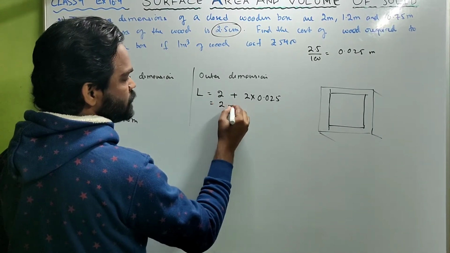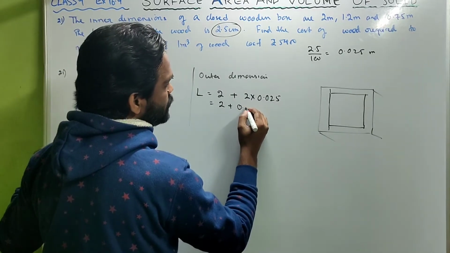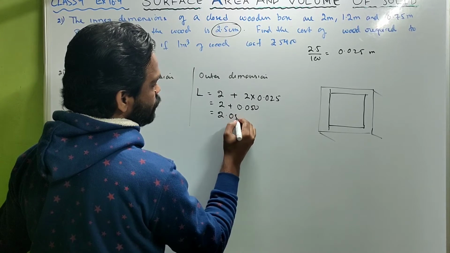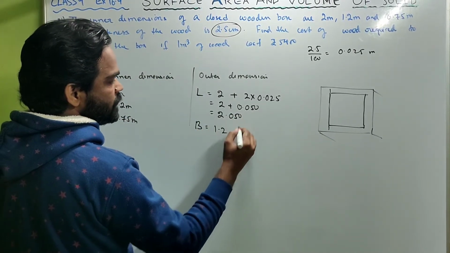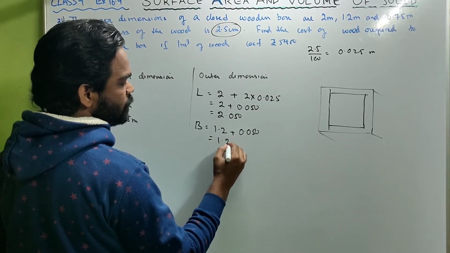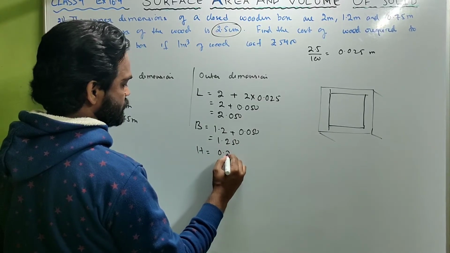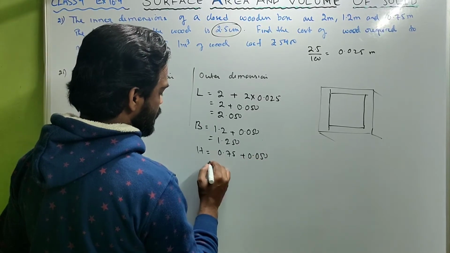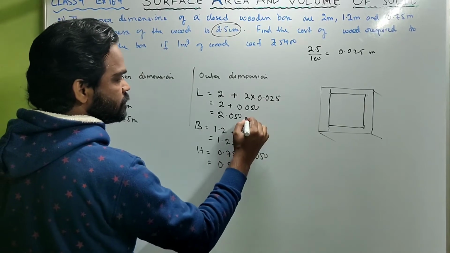That's 0.050. So that's 2.050. Similarly, the breadth will be 1.2 plus this factor only. That's 1.250. And the height will be 0.75 plus 0.050. So the height is 0.80. These are all in meter.